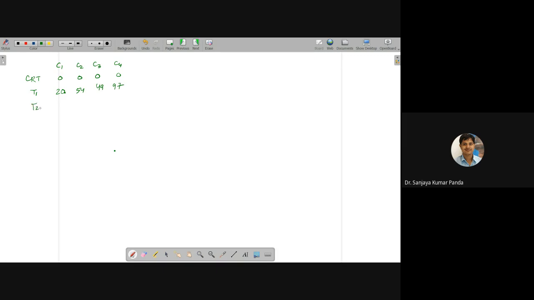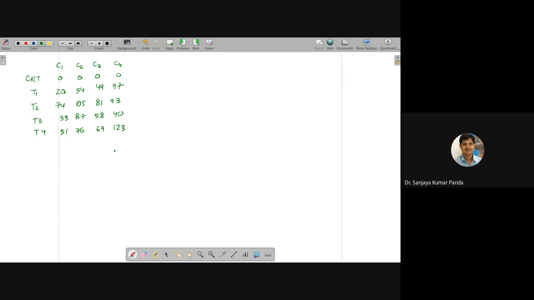Similarly, T2 is taking 74, 105, 81, and 93. T3 is taking 33, 87, 58, and 40. T4 is taking 51, 76, 69, and 123. So these are the 4 different tasks we have.